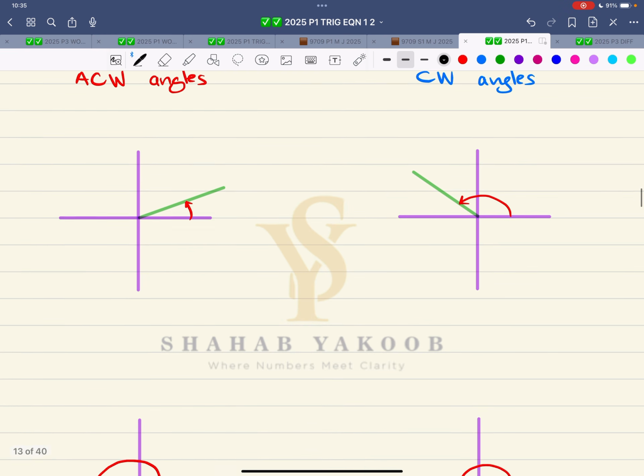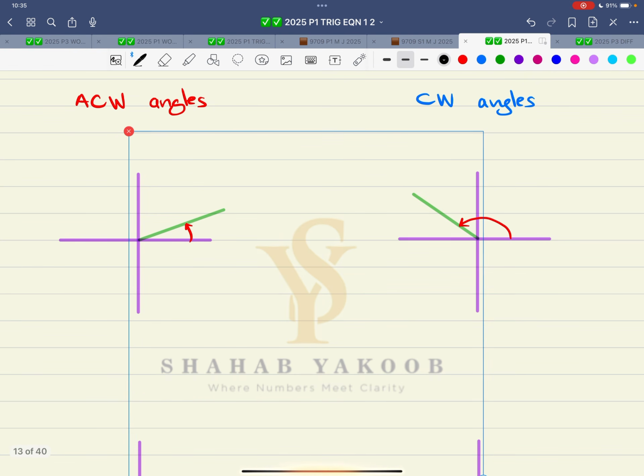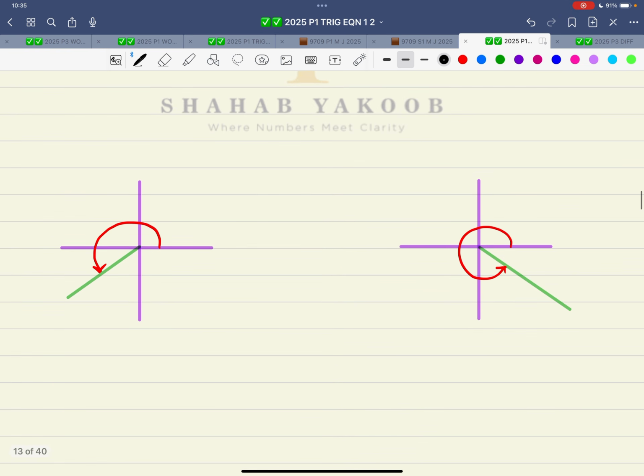Now let me label some angles over here. For example, let me label this thing as 30 degrees. Let me label this thing as 110 degrees. Let me label this one as 240 degrees. And this one, let me label it as 300 degrees.